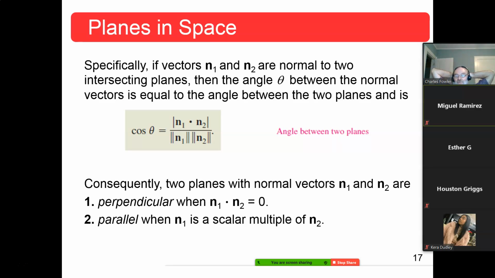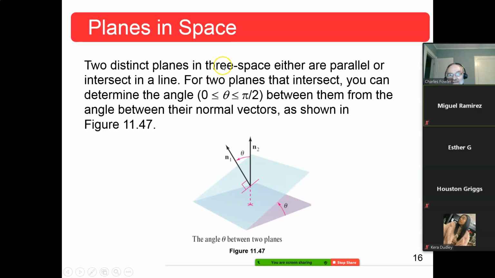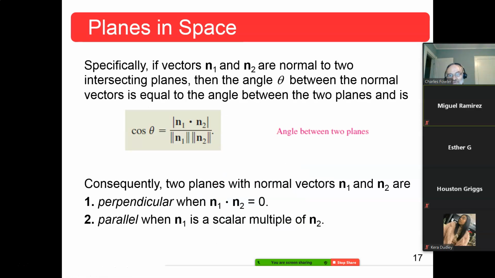The magnitude of n1 is always positive, the magnitude of n2 is always positive, so everything here is positive. Well, cosine of this angle is positive, that means the angle is in the first quadrant, and that's why we said earlier that it's in between 0 and pi halves. The angle has to be in the first quadrant.